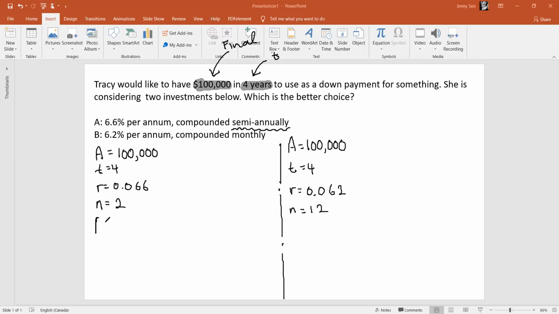So if the question is which is the better choice, the better choice is whatever lets us grow faster, whichever lets us grow more. So what does it mean to be a better choice, mathematically speaking? Anyone?